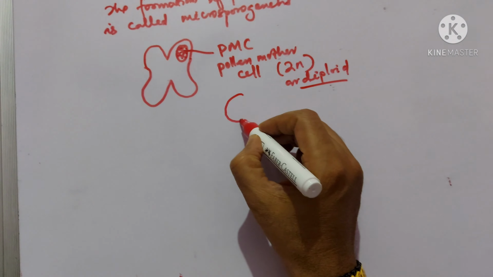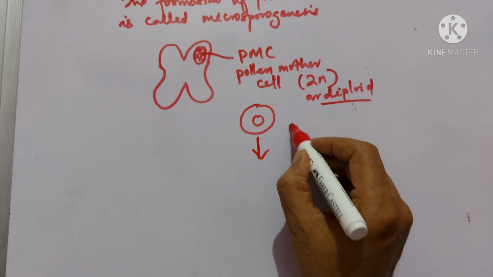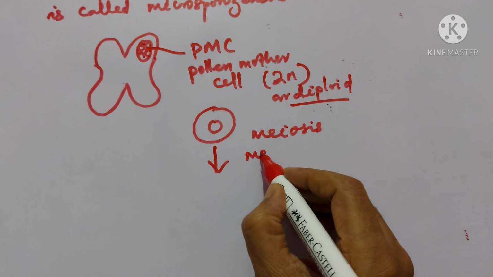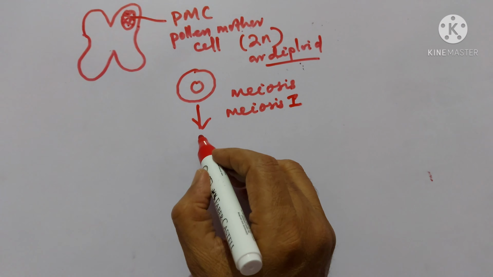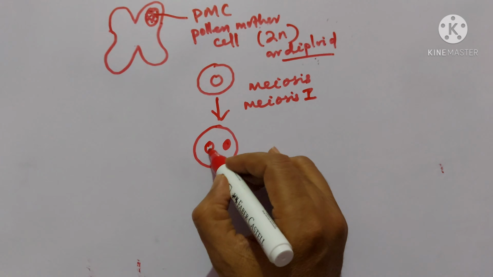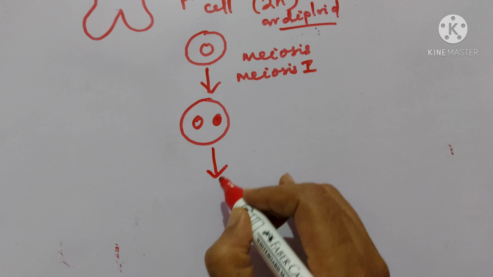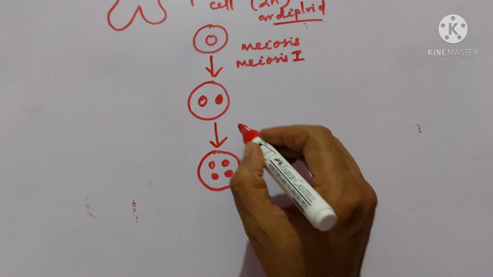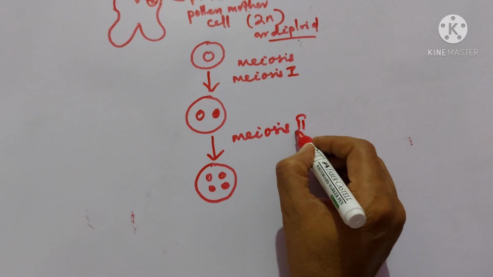So this pollen mother cell will undergo meiosis. This division we can write as meiosis 1, and it will divide into 2 nuclei after karyokinesis, and later on it will divide into 4 nuclei after meiosis 2.